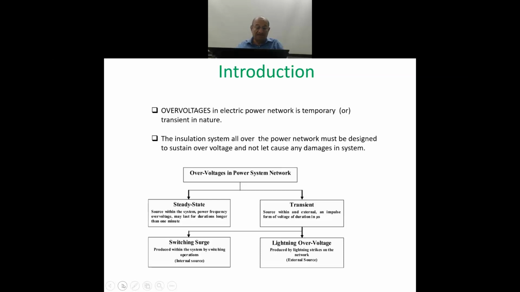The first one is steady state. I hope you understand steady state. For example, power frequency voltage in the network is a steady state voltage which lasts continuously. The source is within the system.